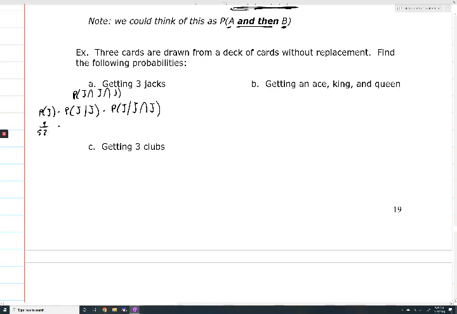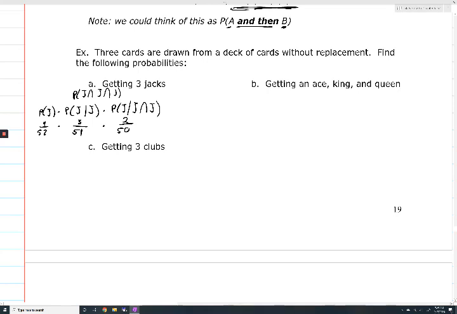Now, I've drawn a card. That card was a jack. How many jacks do I have left? Well, if there were 4 and I took one, now there's only 3. But how many cards are left? Well, a jack was a card, so now there's only 51 cards. So now it's 3 out of 51. Lastly, I've taken 2 of those jacks, and so now it's 2 out of 50.